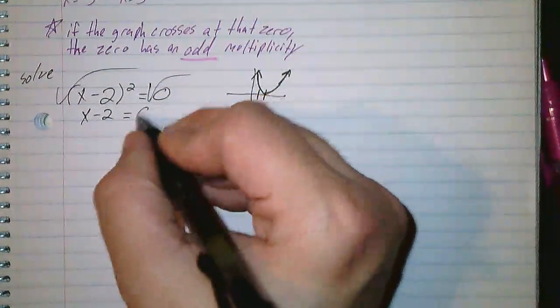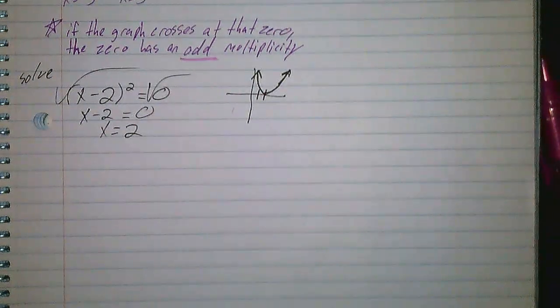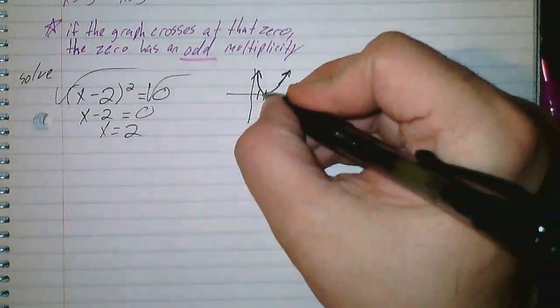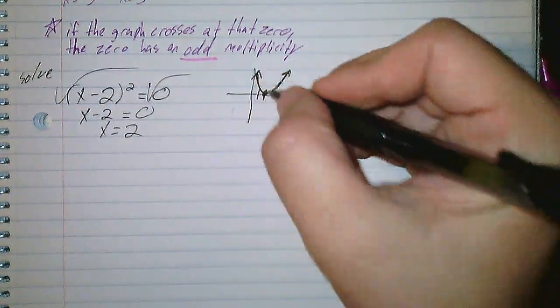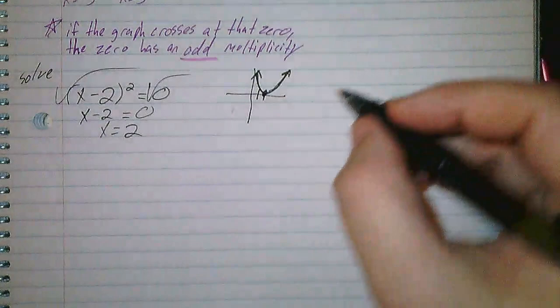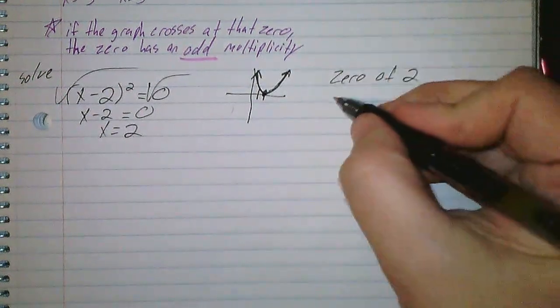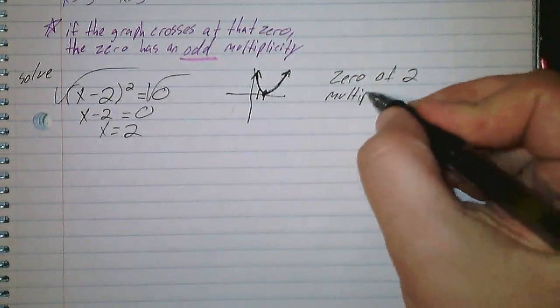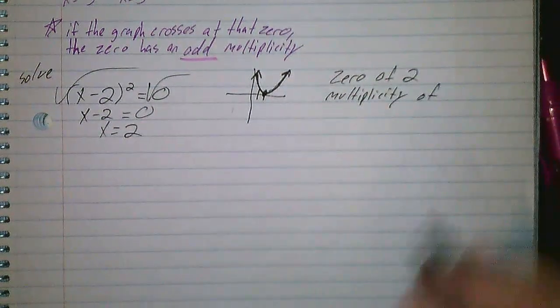The square root of 0 is just 0. Add 2 to both sides, and that is our only solution, our only 0. So here we have a 0 of 2 that has a multiplicity of 2.